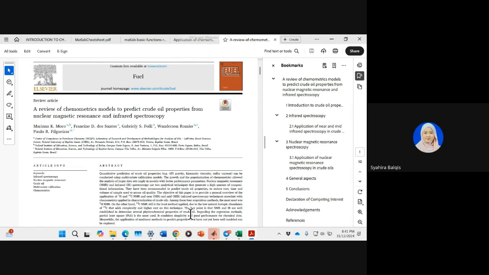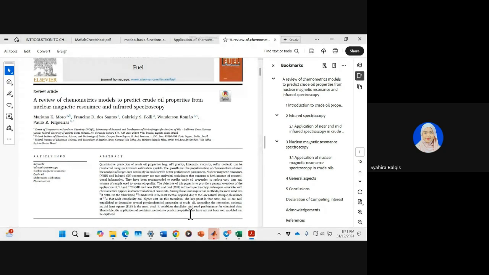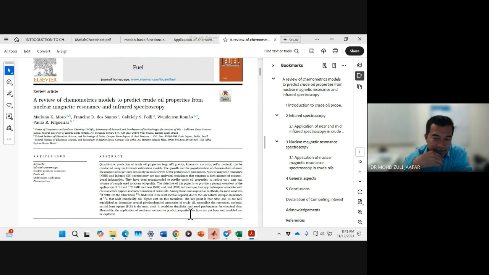Basically, the objective of this paper, they wanted to review various chemometric models to predict these parameters, and they found out that the models, is it a model, the PLS is a model, doctor? Regression method.